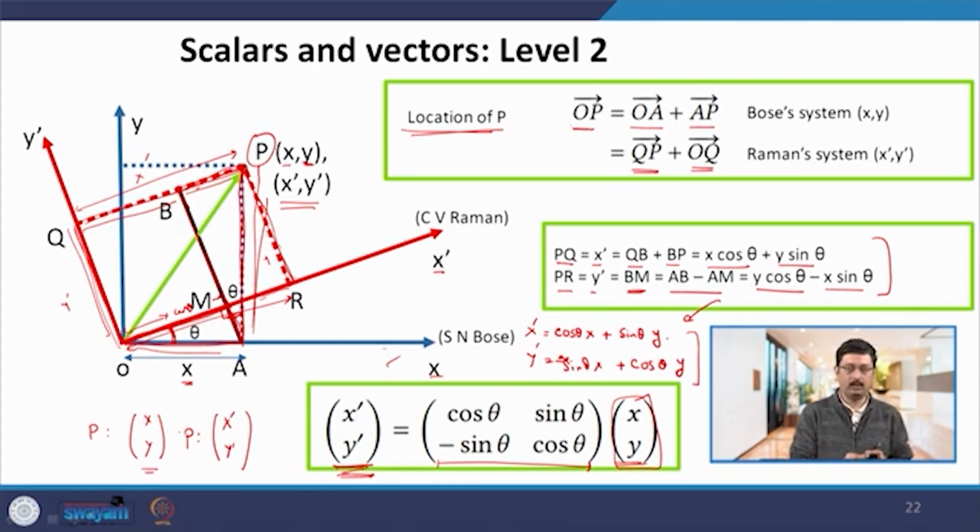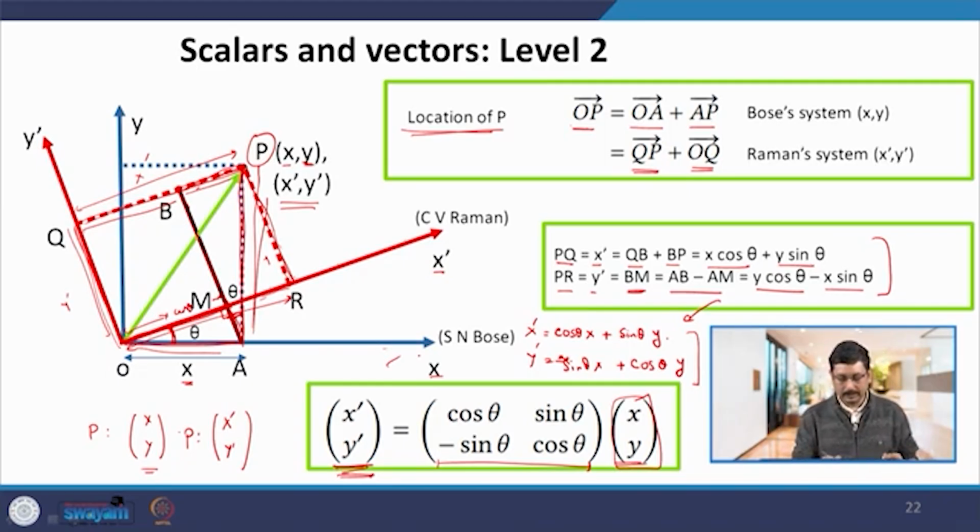We consider the same point O, and both S.N. Bose and C.V. Raman started from the same point O and reached the same point P. That means that if we want to describe the location of any point on this plane using these coordinates, and if we demand that we can choose any direction as our x axis, then if we take two such coordinate systems, the coordinates must have some relation from, let us say, the blue system to the red system.